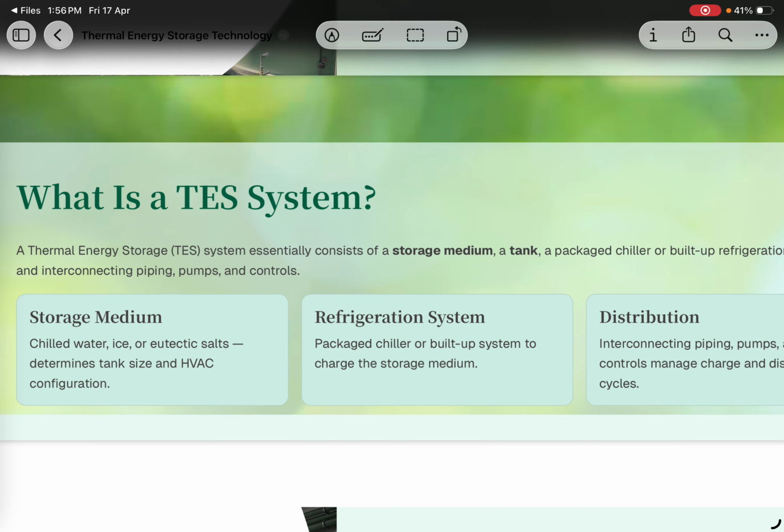Now, what is the storage medium which is used in the thermal energy storage system? It could be either chilled water, that is, you make sure that water is chilled in the refrigeration plant, and that chilled water, very low temperature water, is stored in the storage tank. So, in that case, the storage medium becomes chilled water. Or, what you could do is that you can use water and convert it into ice in your refrigeration system, and that ice is stored, and the ice would act as a storage medium.